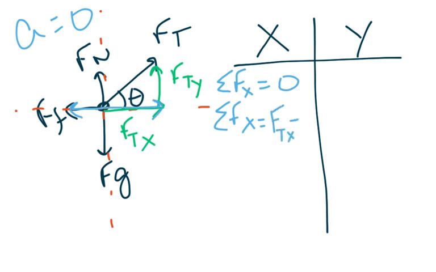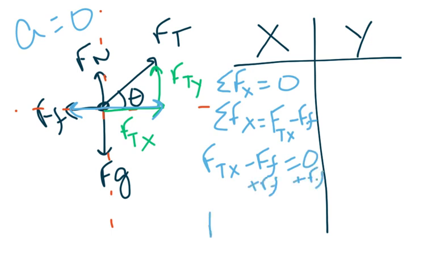So I would have the horizontal component of the tension minus the friction. I'm just getting that from my diagram, which means my horizontal component minus my friction must equal 0. Add the frictional force to both sides. And my tension must equal my frictional force.